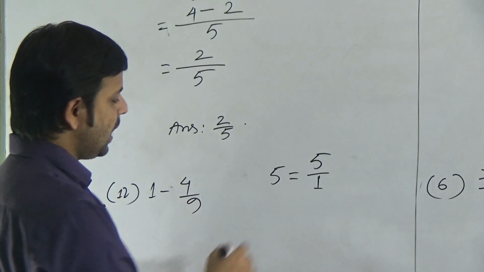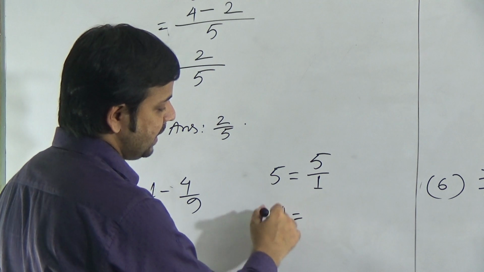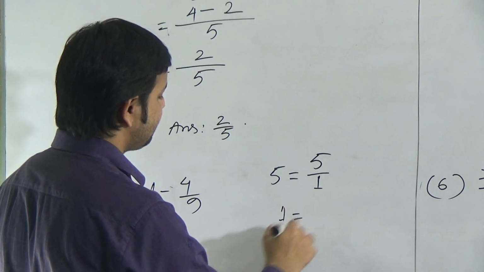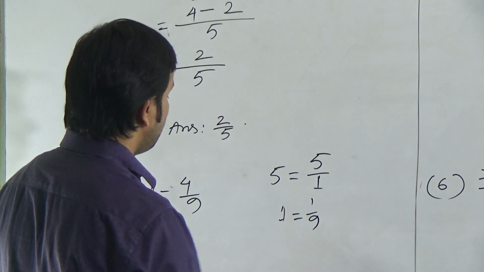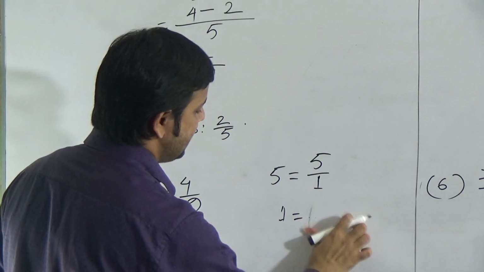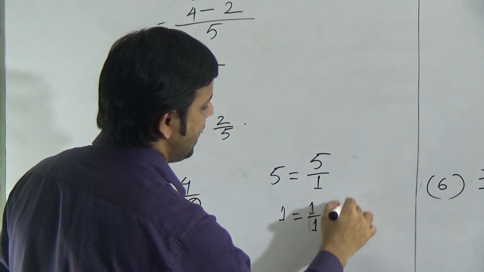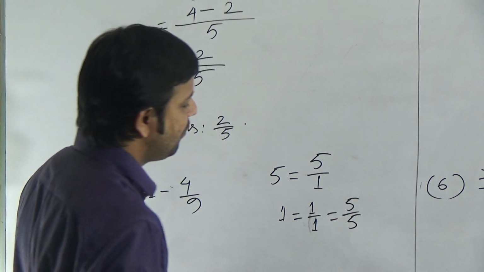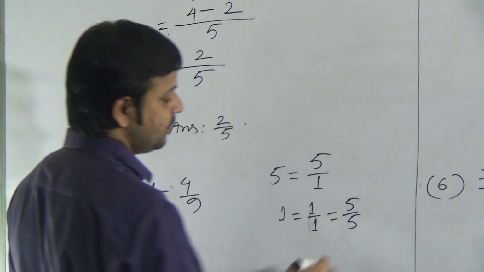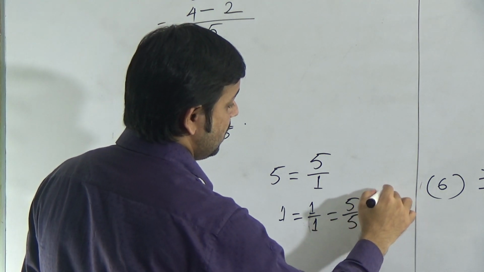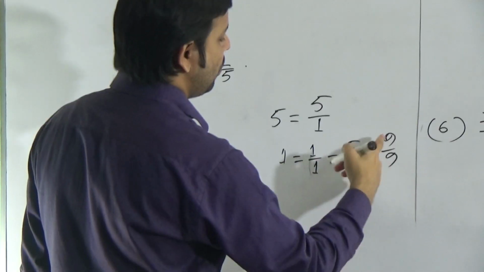If the number is 1, that time the fraction will be 1 by 1, or we can write any one, 5 by 5, or 9 by 9, which we need.